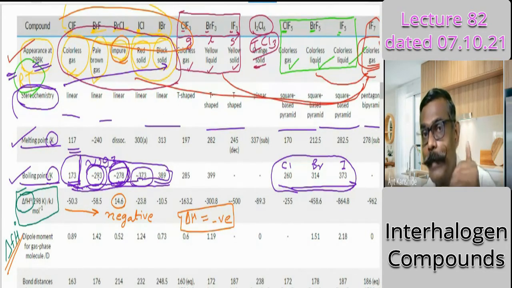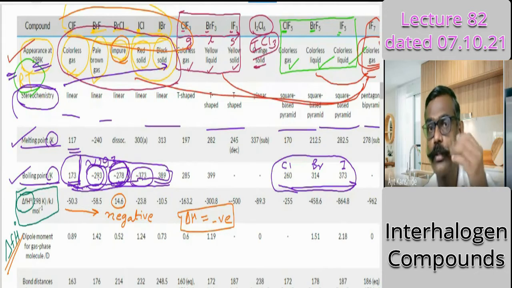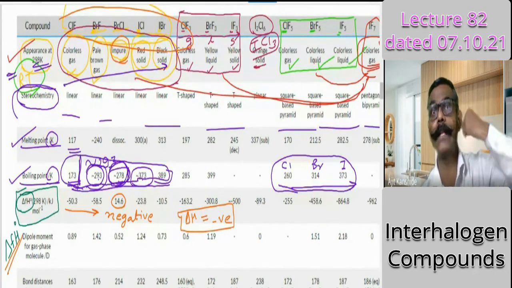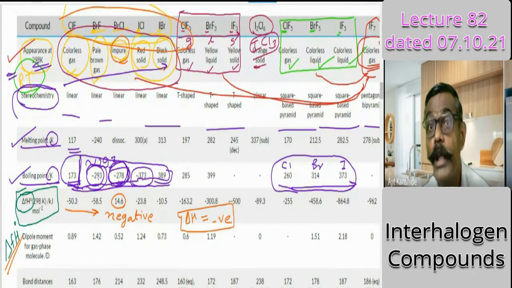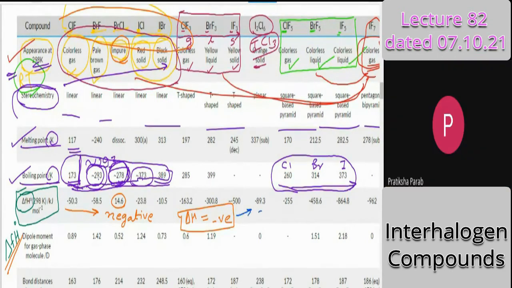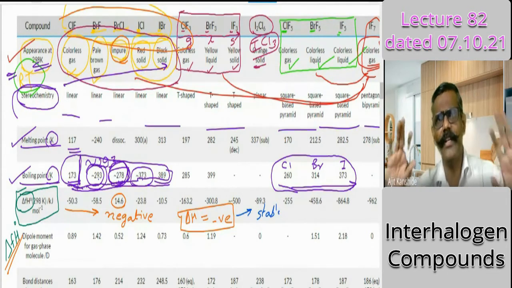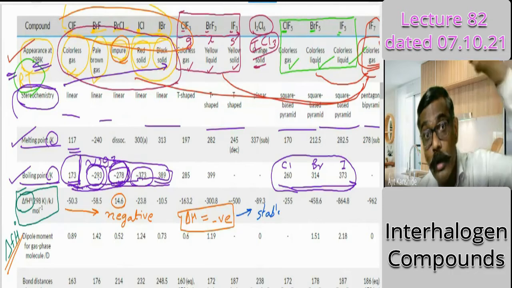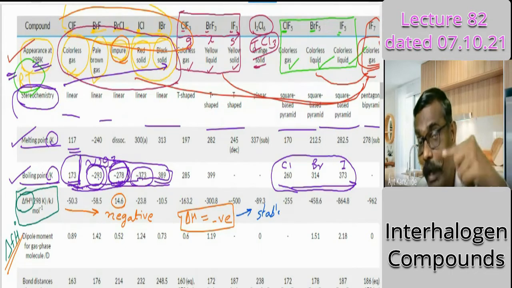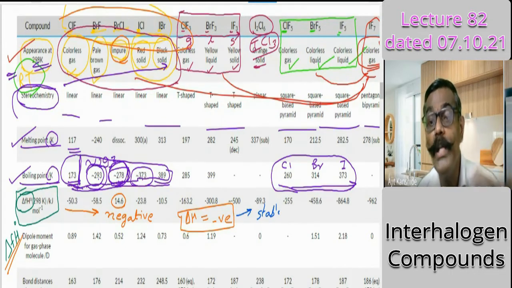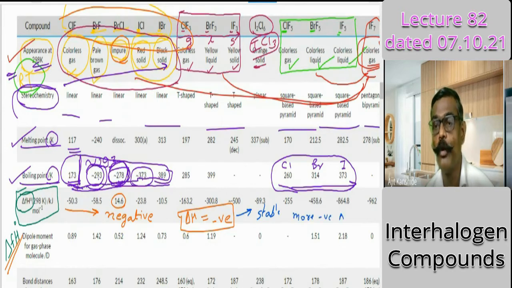Because of liberation of energy, will that molecule be stable or unstable? It will be stable. It means a negative sign indicates stability. More negative the delta H value is, more will be the stability. More negative delta H F naught means more stability.